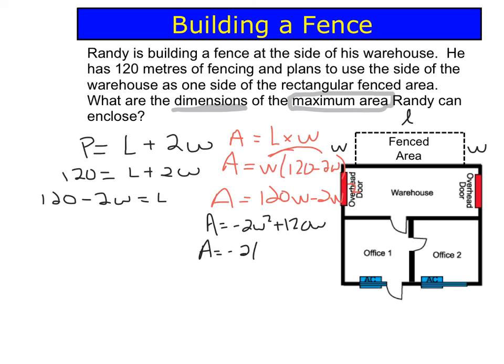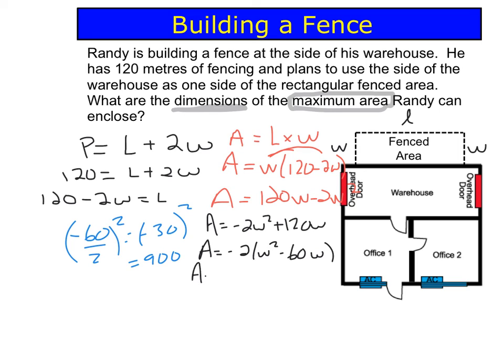Take the negative 2 out. W squared minus 60W. Negative 60 divided by 2 is 30. And 30 squared is 900.